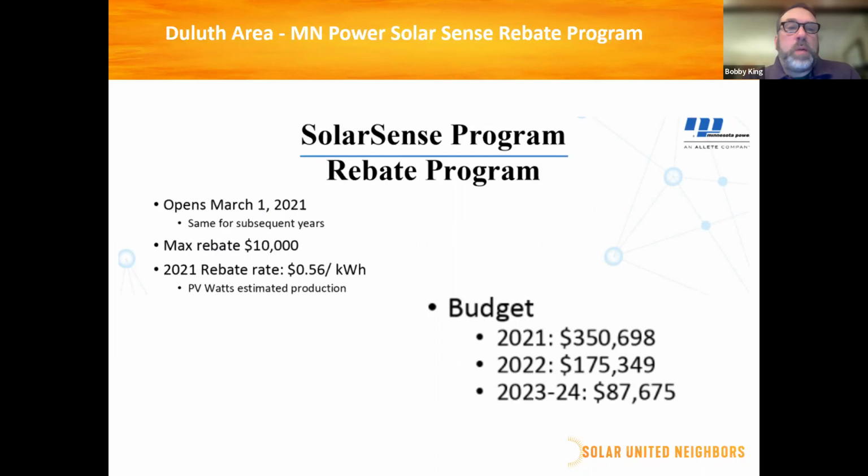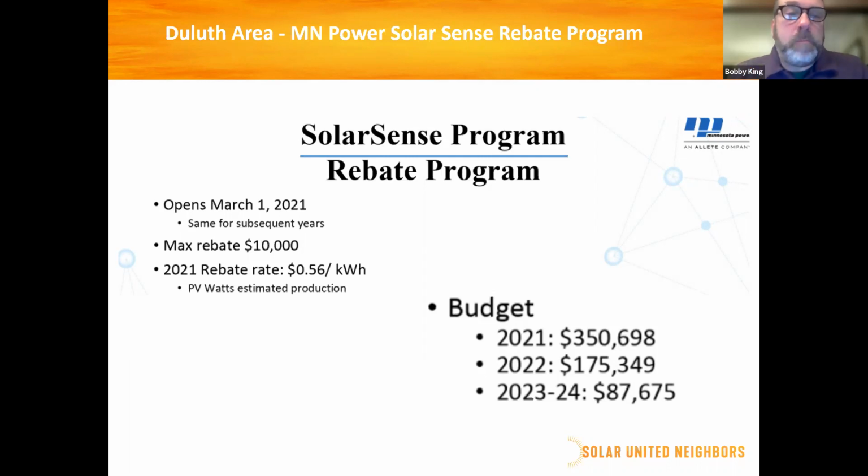And here's the Minnesota Power Solar Sense rebate program. It opens on March 1st. The maximum rebate is 10,000 bucks, and they give you 50 cents a kilowatt hour for your estimated first year of production. It'll open on March 1st at midnight and be gone by 12:30 at night.